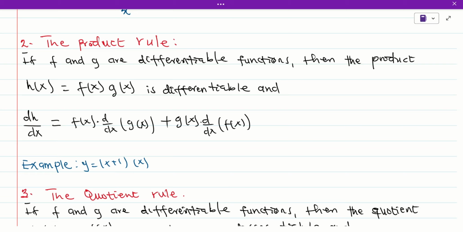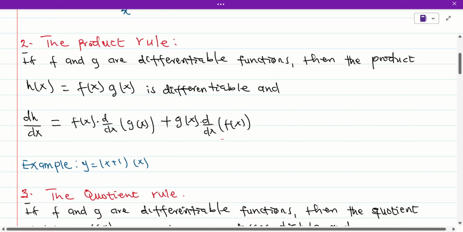And when you differentiate h of x, you are going to get f of x multiplied by the derivative of g of x, plus g of x multiplied by the derivative of what? f of x. You get it?